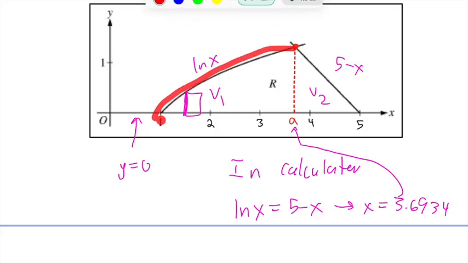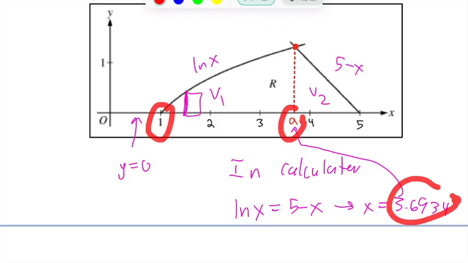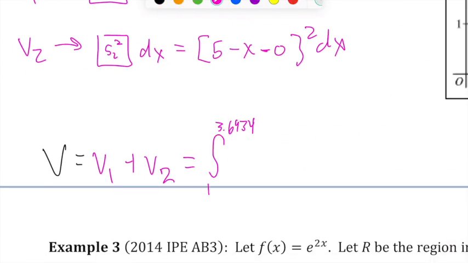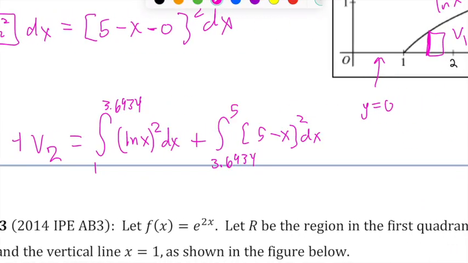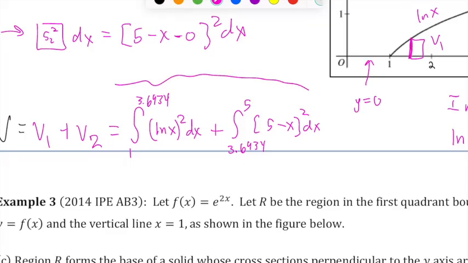So the integral of this first volume is going to be from 1 to 3.694, and the equation is going to be log of x squared dx plus your volume 2, which is going to be from this value to 5, and it's going to be 5 minus x minus 0 squared. And there you go. That is the integral that you would need to type in to solve.